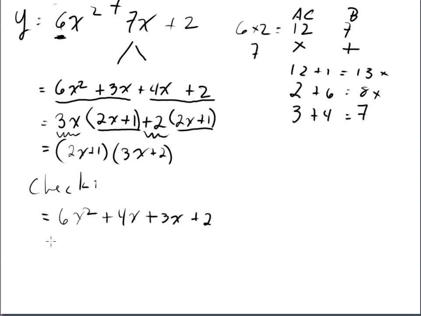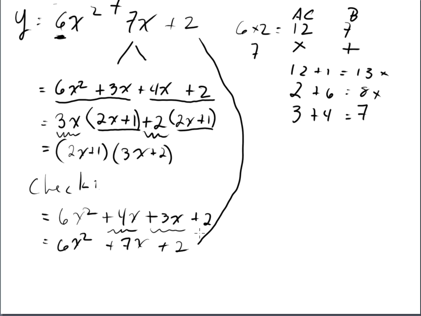We gather our like terms. This is the only x squared term, so it's still just 6x squared. We have a 4x and a 3x, which adds up to 7x. And then we have plus 2. If we check, we can see that those two match, so we know that is the factored form of 6x squared plus 7x plus 2.